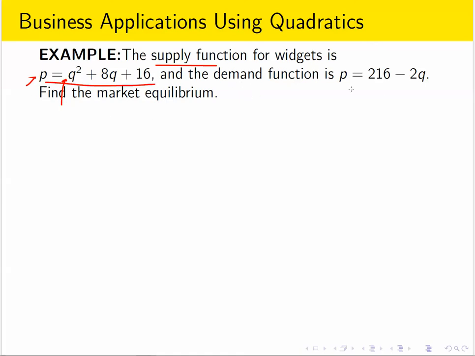And then you have a demand function given by a similar relationship. Again, P is price and Q is quantity. So what will the market price end up being when you have this relationship between the supply and the demand?